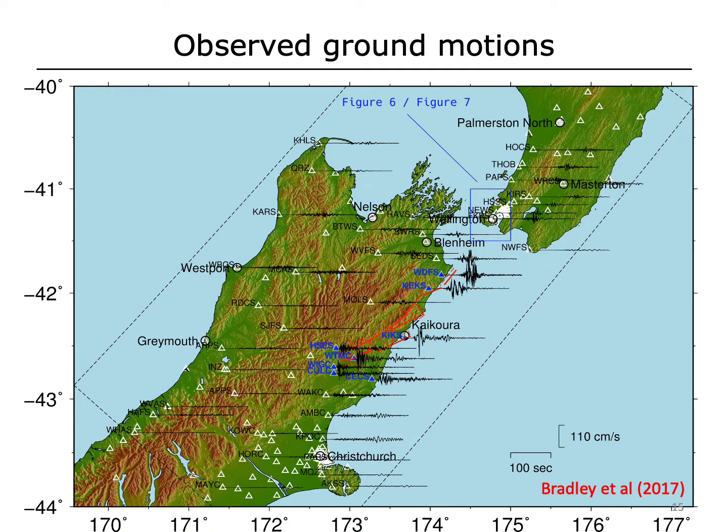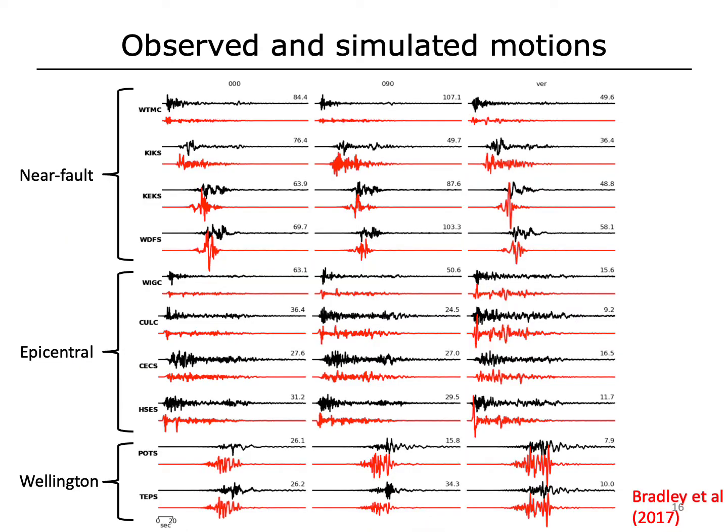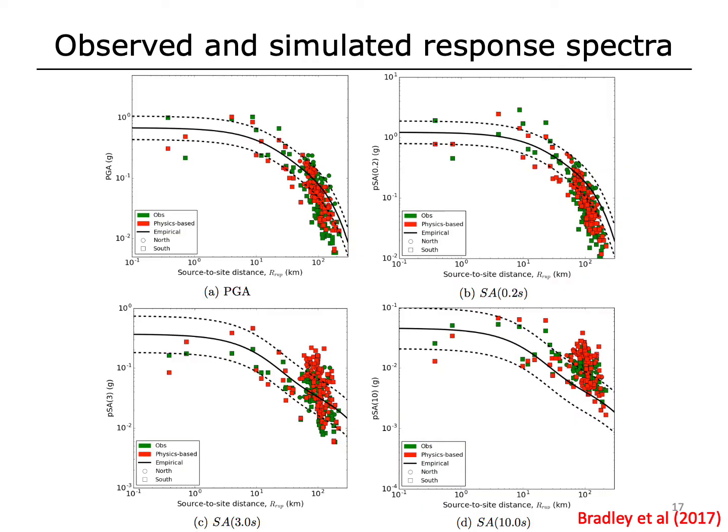From those simulated ground motions, we can compare them with observed ground motions at each of the strong motion instruments shown on the slide in triangles, and then perform waveform comparisons, such as shown here, for different locations in the near fault, epicentral, and in particular Wellington region. Or more quantitatively, we can compare intensity measures, such as you can see here for peak ground acceleration or 3 different vibration periods of spectral acceleration. All of these figures shown as a function of distance.